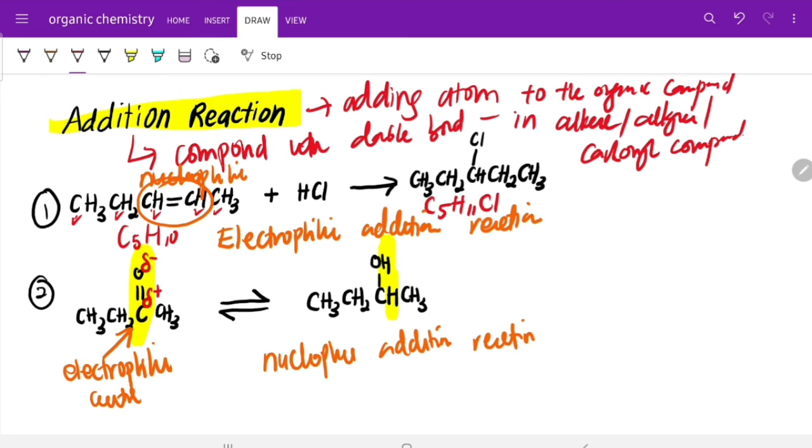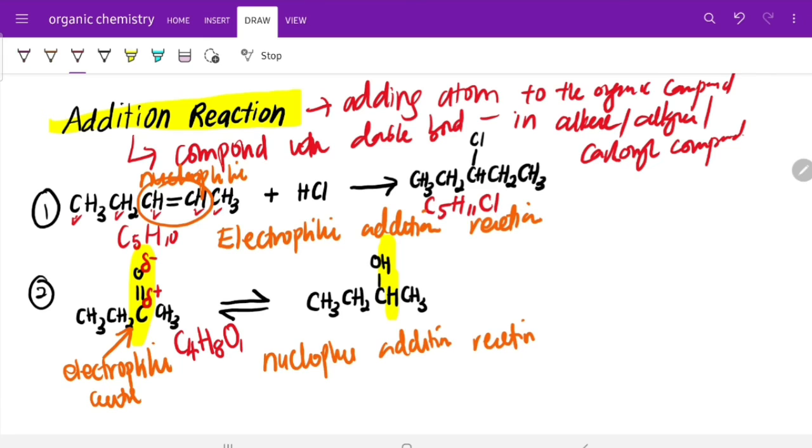Let's count the number of atoms initially present in your reactants and compare it with the final product. Initially in the reactants we have 4 carbon, 8 hydrogen and 1 oxygen atom.